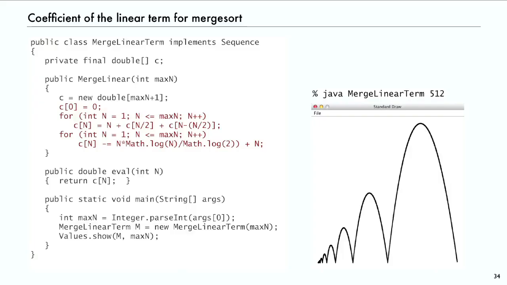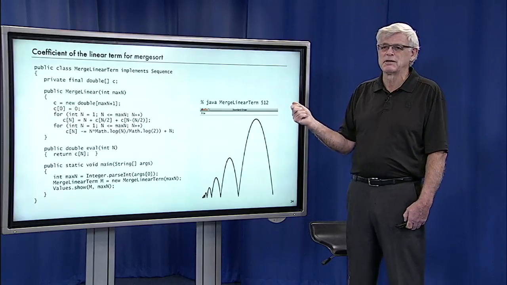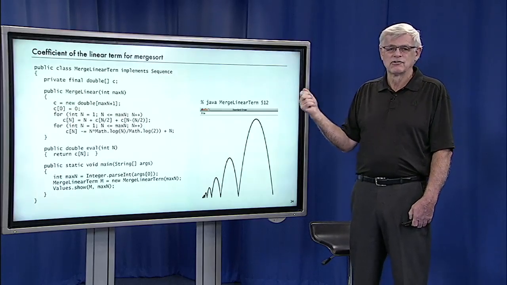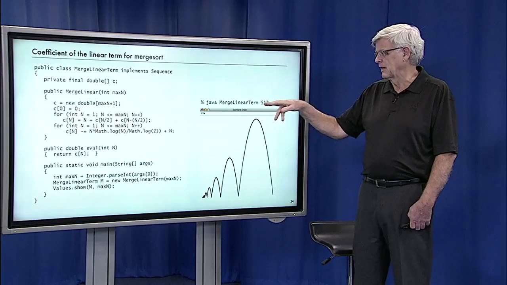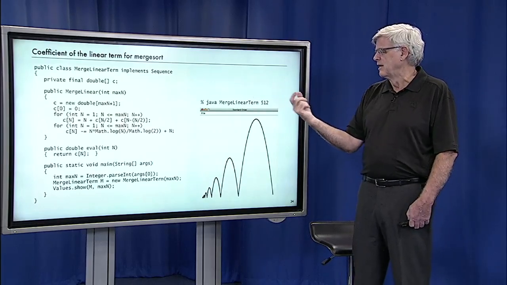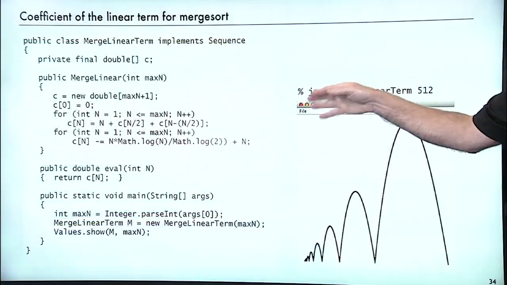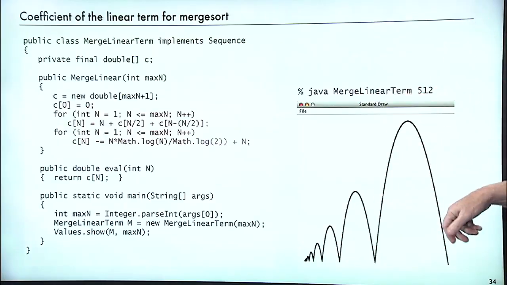And then the second for loop is just going through and scaling. It's trying to determine if there's this alpha value. So just subtract off the N log N, which is the leading term, and then it actually adds N to make the scale good. And this is the plot that you get.